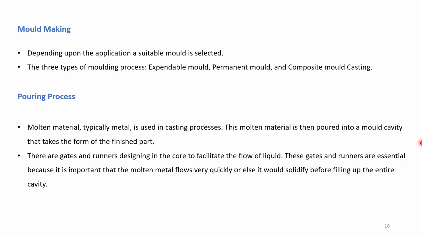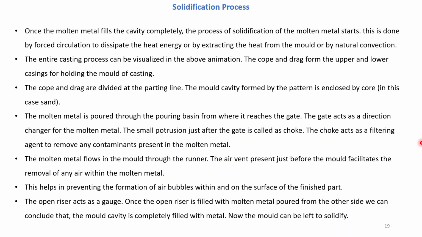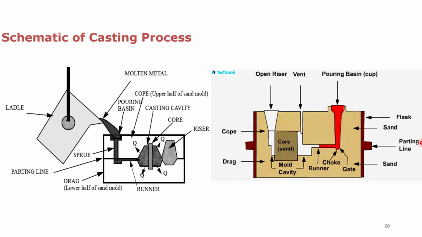There are gates and runners designed in the mold to facilitate the flow of liquid, and these gates and runners are essential because the molten metal must flow very quickly, or else it would solidify before filling up the entire cavity.